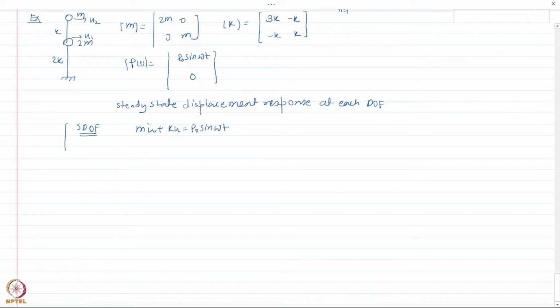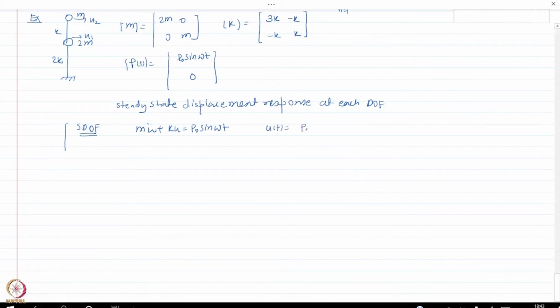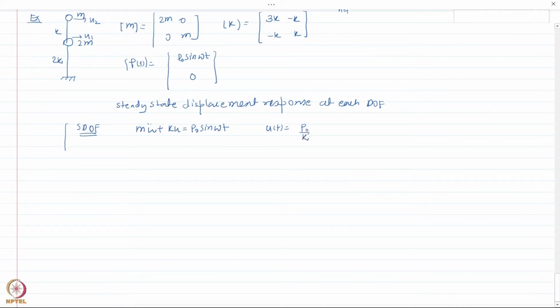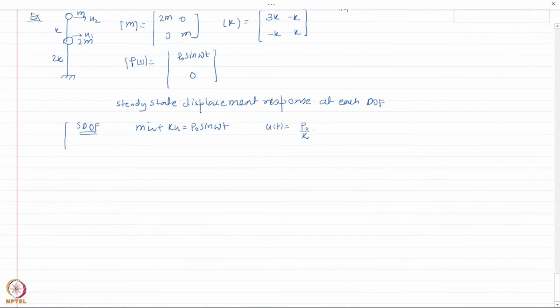When you had this kind of system subject to p naught sine omega t excitation, the steady state response was u(t) equal to the applied force amplitude divided by the stiffness of the system, times 1 divided by 1 minus omega over omega n squared, where omega n was the natural frequency of vibration of that single degree of freedom system, and then sine omega t. So this was the response.